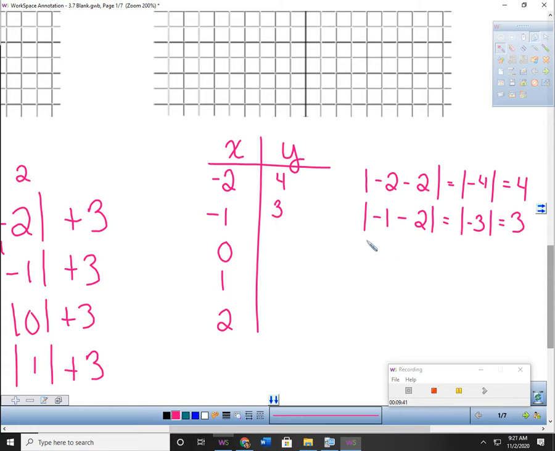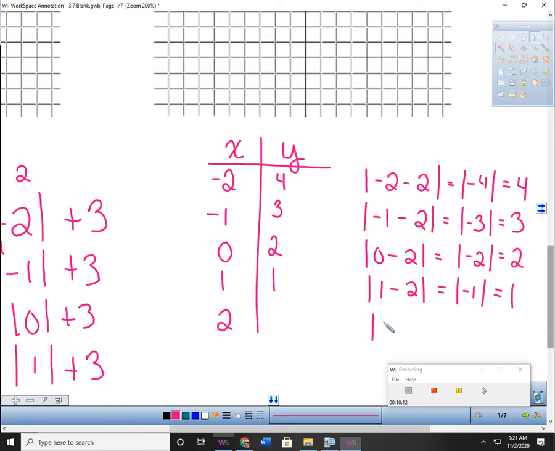All right, then we do 0. 0 minus 2 is, so the absolute value of negative 2 is 2. All right, then I do 1. 1 minus 2 is negative 1, and the absolute value of that is 1.